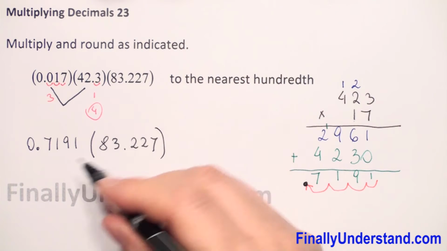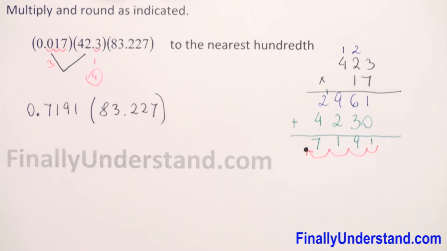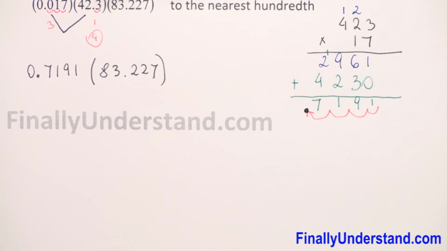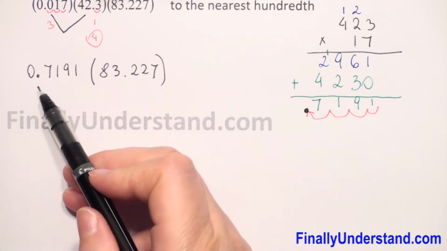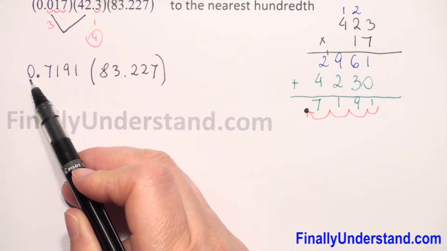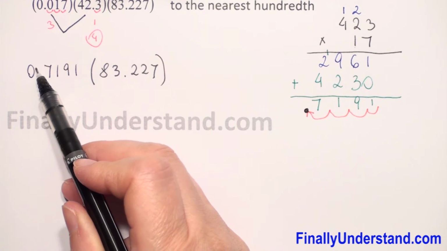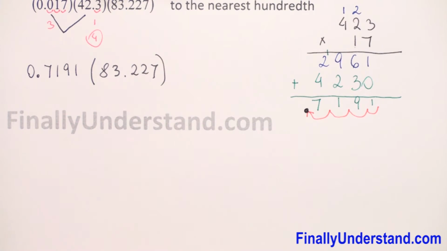83.227. Again, decimal numbers, so we forget about decimal points and do multiplication of these 2 whole numbers. So let me write this. And again, because we have 0 before the 7, we don't have to write the 0, because when we multiply by 0, it will be 0, so we can forget about the zeros.